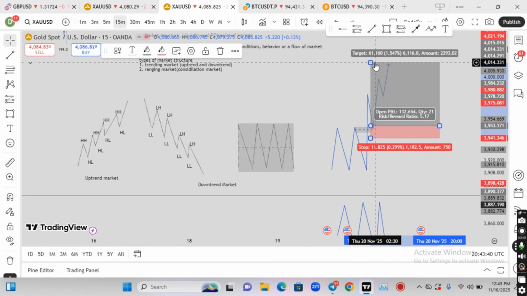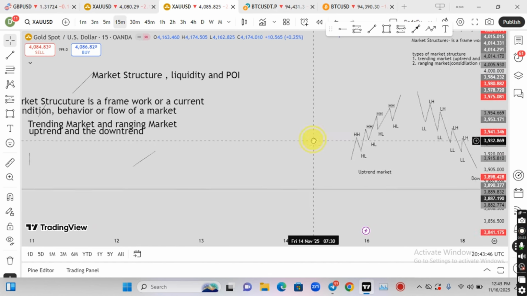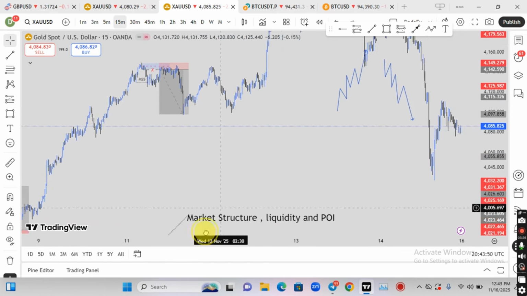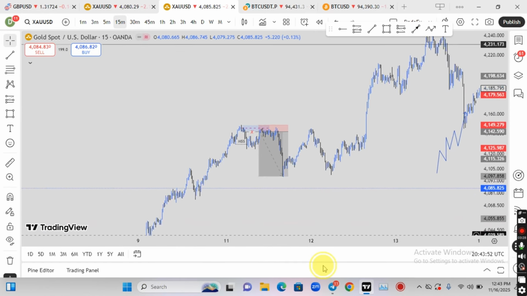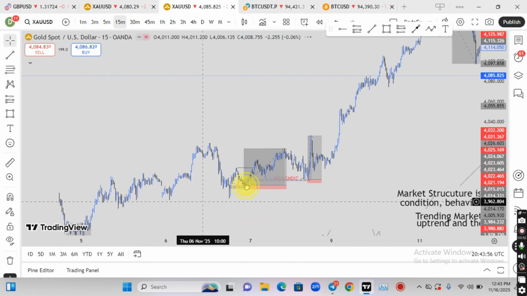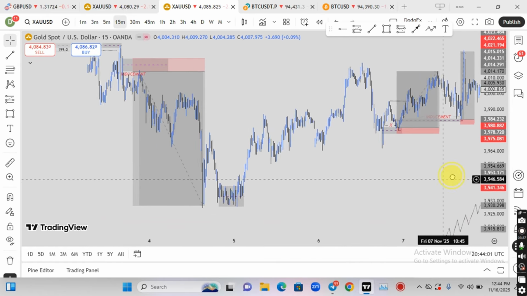Let me check this. I have an example I need to show you here. This is an example of consolidation. I think I should have it in my chart here. Okay, see there.